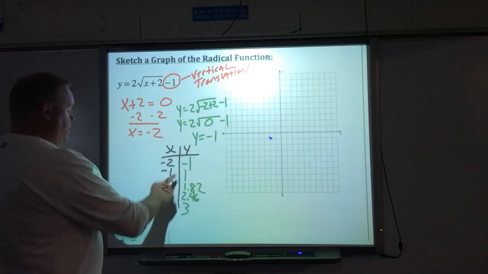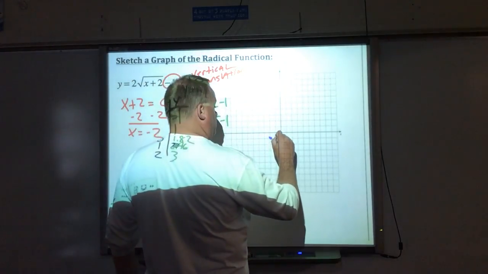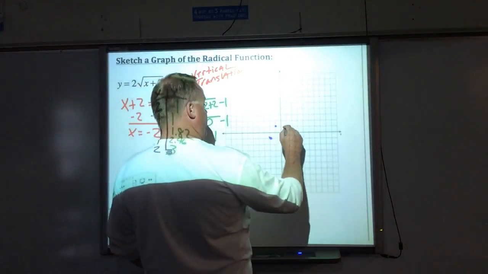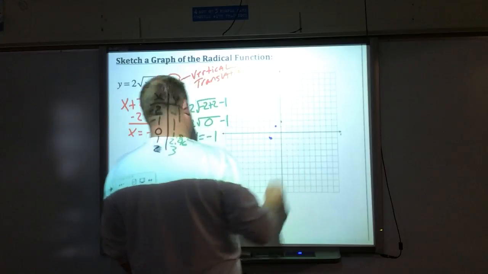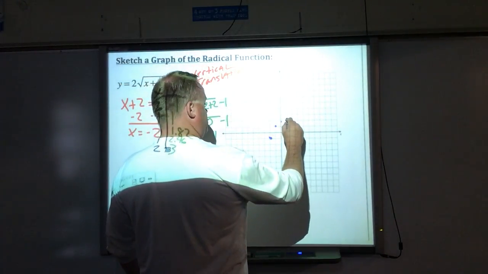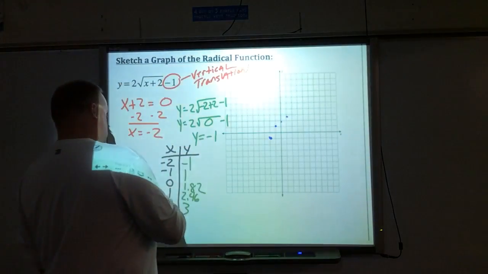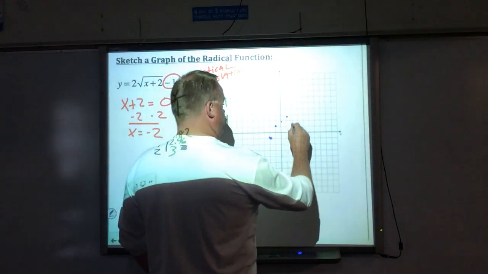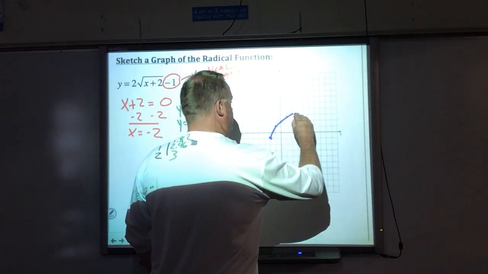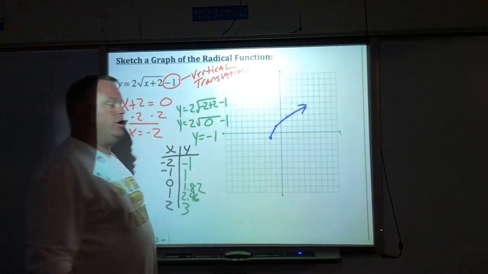Negative 1 gives about 1.82, 0 gives 2.46 or so, and 2 is 3. Draw your line, and away you go.